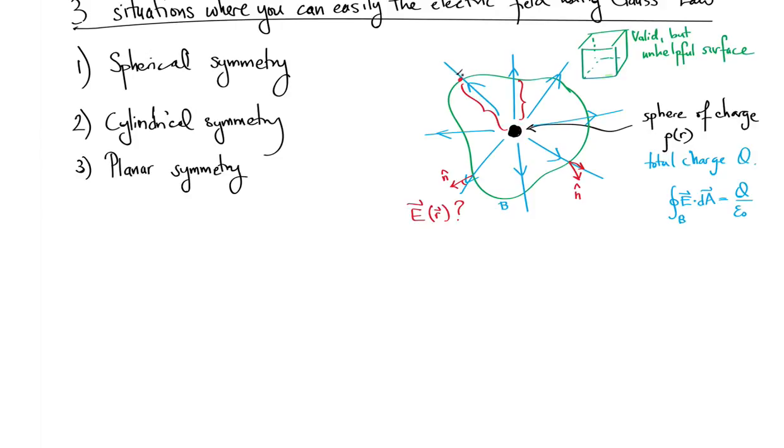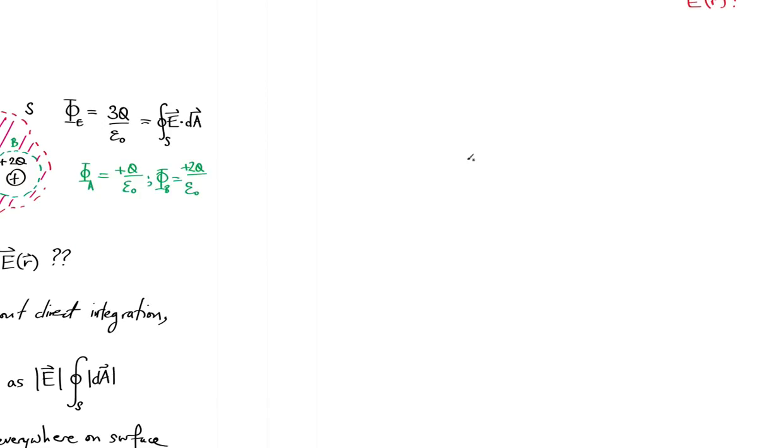It's going to be a little bit weaker out here because the field is dropping, probably something like 1 over r squared, or roughly like that. The further you go away, the field will be dropping. That means that the strength of our electric field is going to be different on different parts of the surface. So this is generally not a good surface to pick.